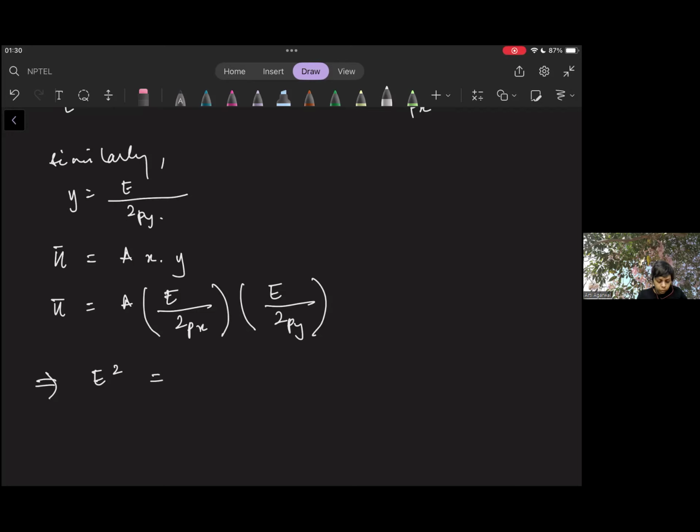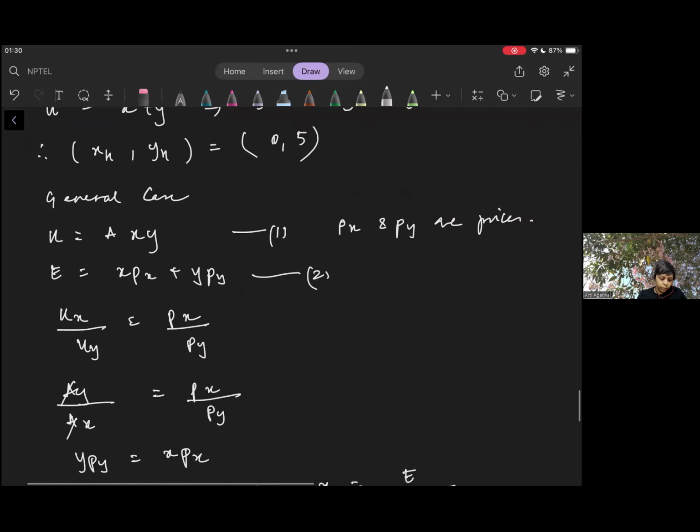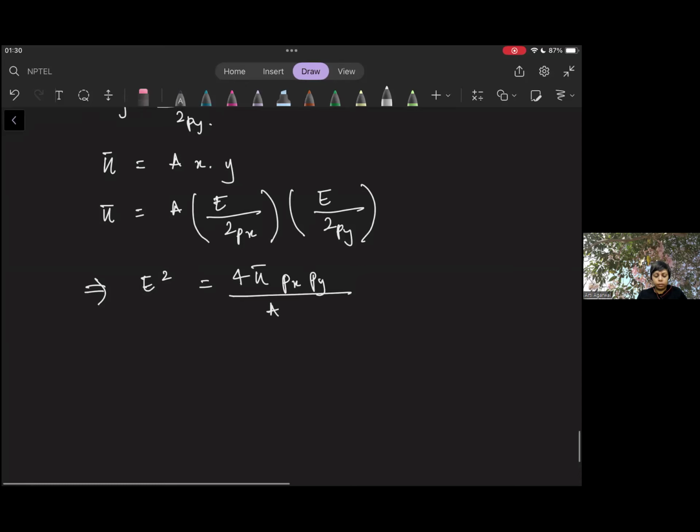So this is 2 into 2, 4 U bar, Px, Py upon A. This is E square. Now, of course, let me also specify A is always greater than 0. I haven't mentioned it here, but it's almost assumed that A is greater than 0.